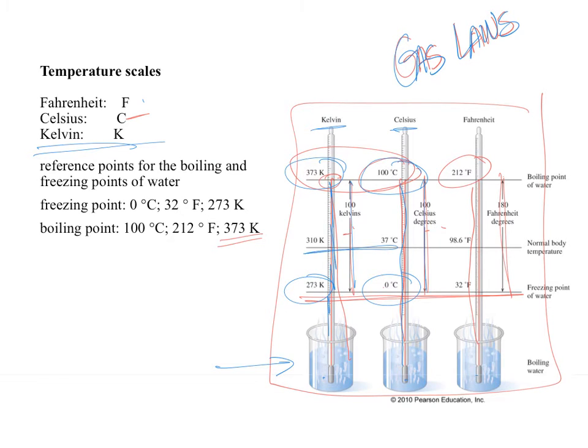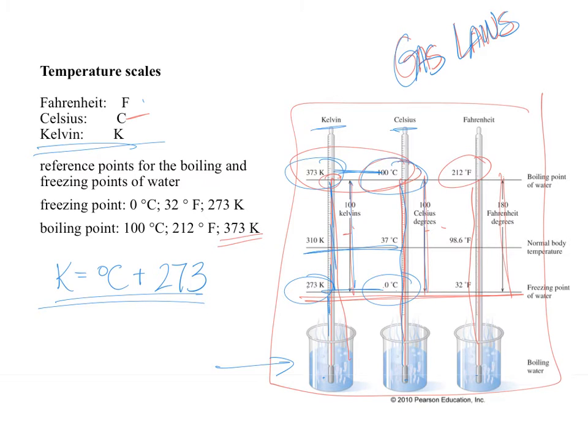That tells us that they're very close together, and in fact, the only difference between the two scales is 273 degrees. Notice that, whether I'm at freezing water, 0 versus 273, or whether I'm at boiling, 100 versus 373, the difference is 273. So the equation for the conversion, Kelvin equals Celsius plus 273.